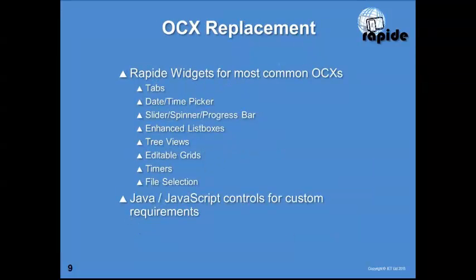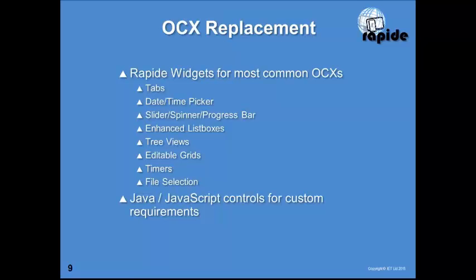In terms of OCXs, well, OCXs are a Microsoft technology that really do not translate well to multiple browsers and different technologies. You're not going to be able to run them easily on a mobile device, or if the customer's using a Mac or some other technology. So really they're not great technology to use in a browser application. And we provide a wide range of widgets native to Rapide for replacing the most common reasons why you may have used an OCX.